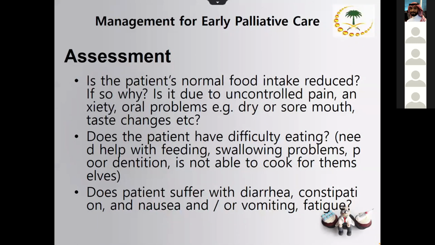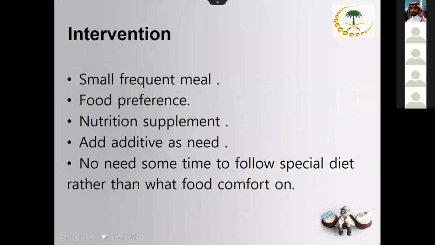Is the patient's normal food intake reduced? If so, why? Is it due to uncontrolled pain and anxiety, or problems like dry mouth, sore mouth, taste change? Does the patient have difficulties eating? Does the patient suffer from diarrhea or any other symptoms that affect food intake?